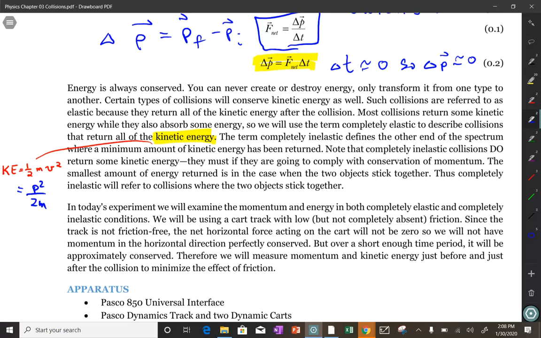W. Yep. Work. Work is force times the distance parallel to that force. And when you do work, you're transferring energy. So when I do this, I'm transferring energy from my body into this plastic.